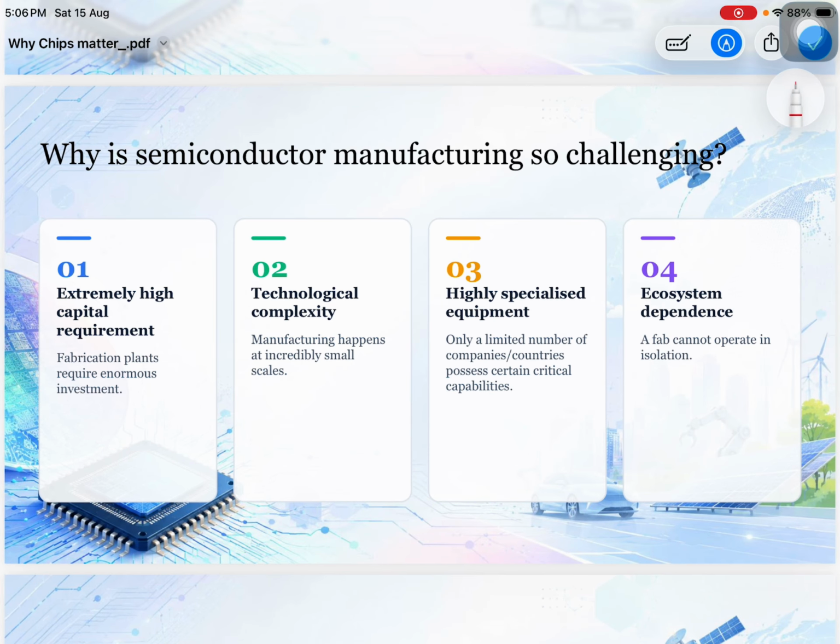So the main challenges you can clearly see: high capital requirement. The machine we just saw was hundreds of millions of dollars, and this was just one machine required for fabrication plants. Then there is technological complexity. At incredibly small scales, we also need a high level of R&D to actually reach this technology.